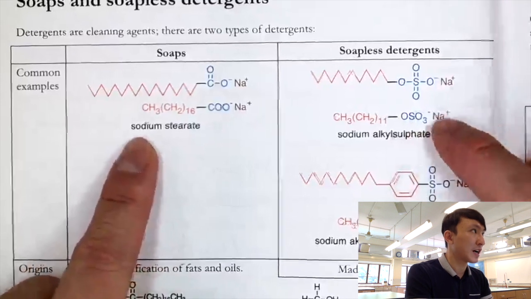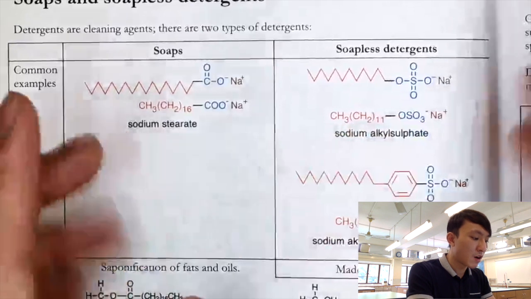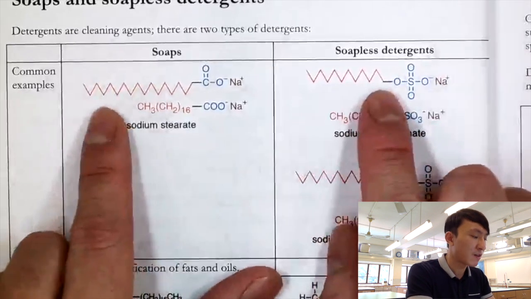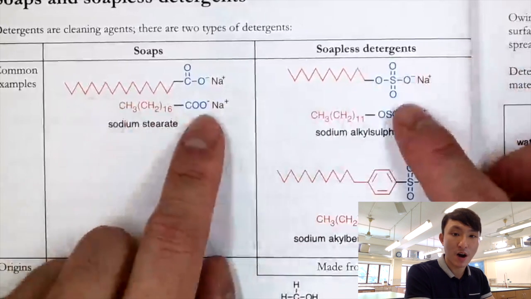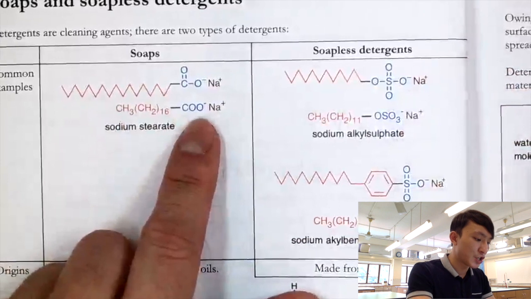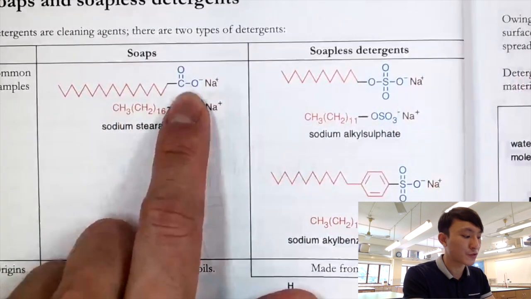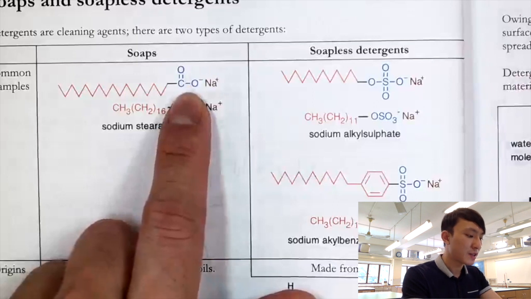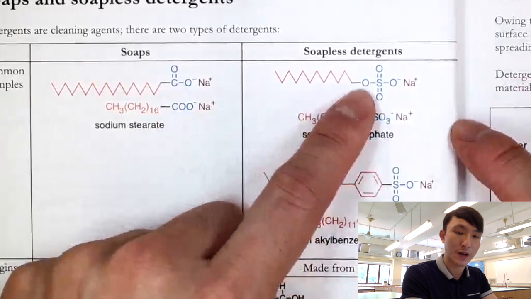According to the color, as you can see, they both have a very long hydrocarbon chain, and they also have the blue part, which bears a negative charge. In this case, this is carboxylate group, carboxylate ion. This one looks like sulfate.